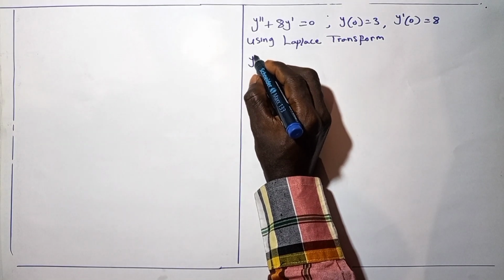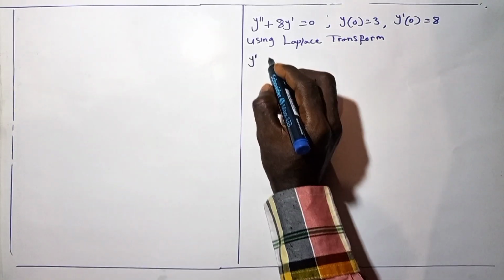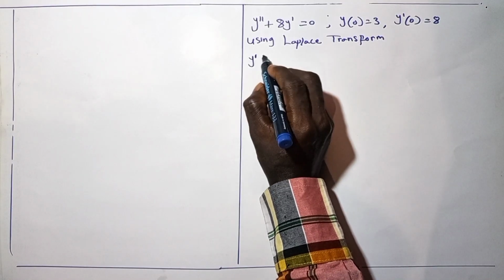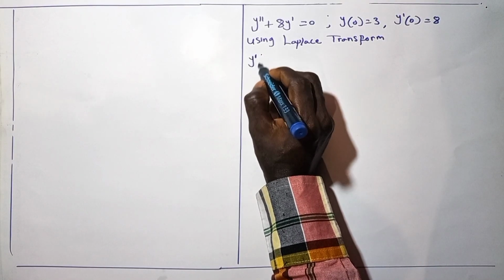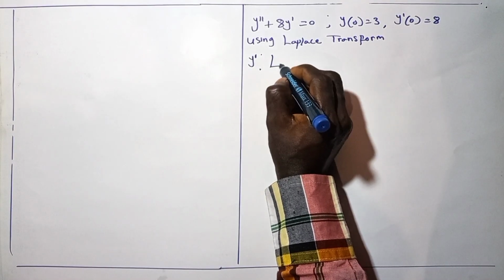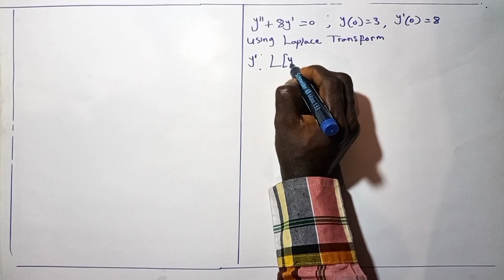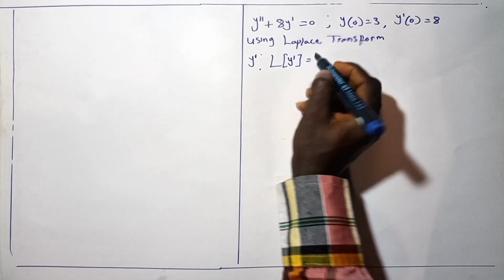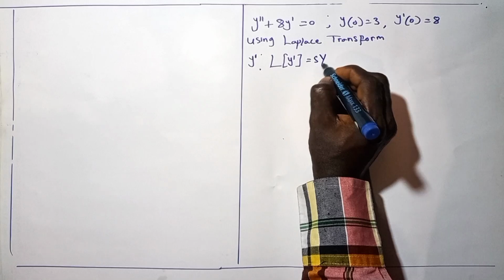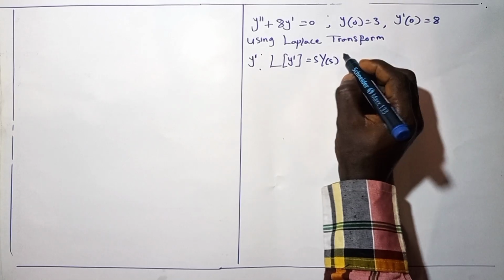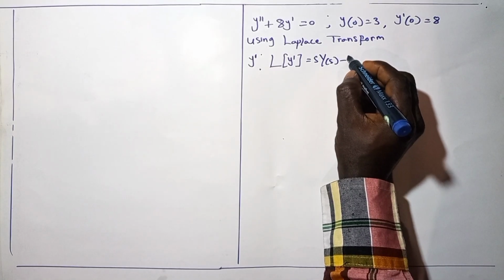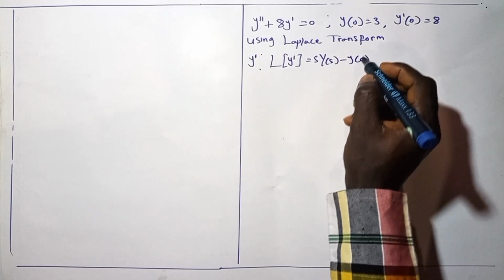To transform y prime, it is s Y of s minus y of 0.